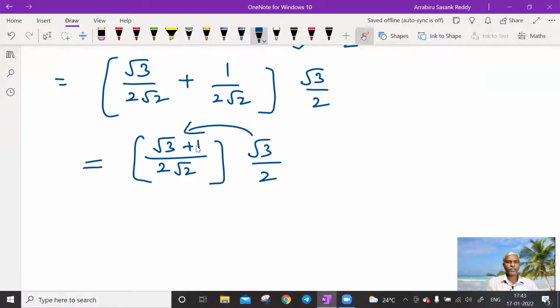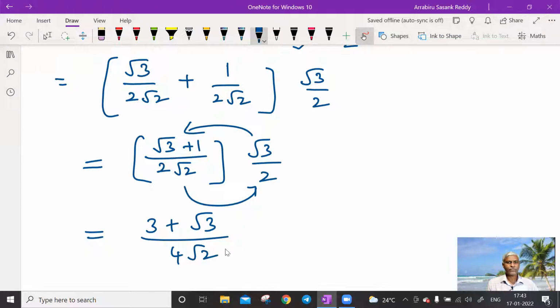So multiplying with √2, √3 into √3 is 3, 1 into √3, 2 into 2, 4 √2. So this is the value.